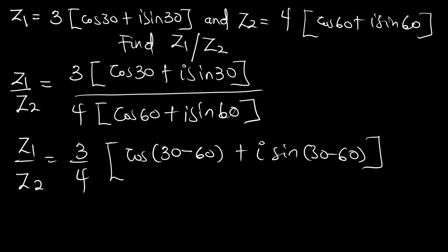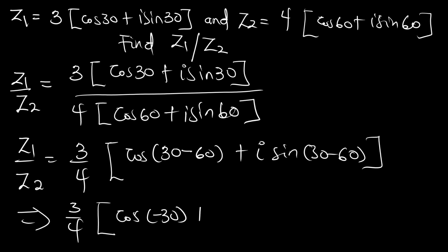So you're going to have 3 over 4 multiplying cos of 30 minus 60, which is negative 30, plus I sine negative 30. But we all know that cos negative 30 is cos 30 and sine negative 30 is negative sine 30.